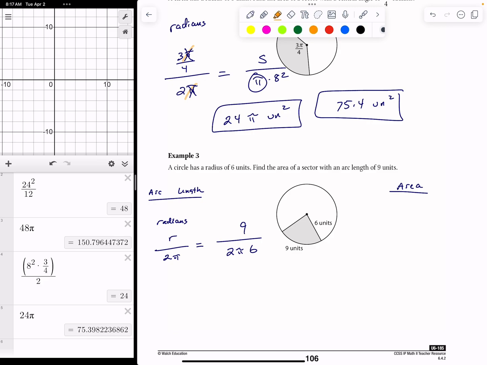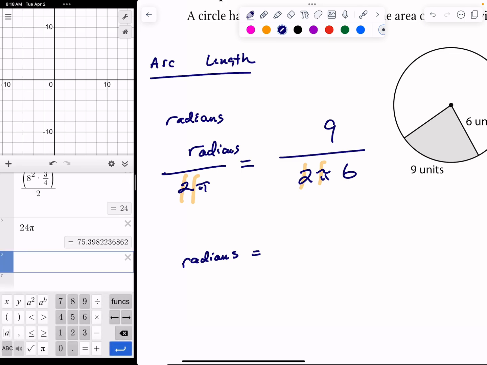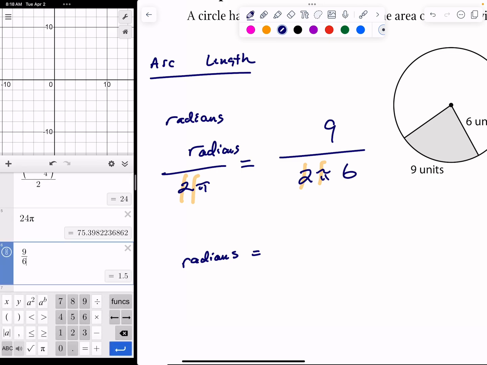Here's why we're leaving it like that: 2 pi and 2 pi is right there. I'm going to write out radians, though, so we don't think it's radius. So radians equals 9 over 6.